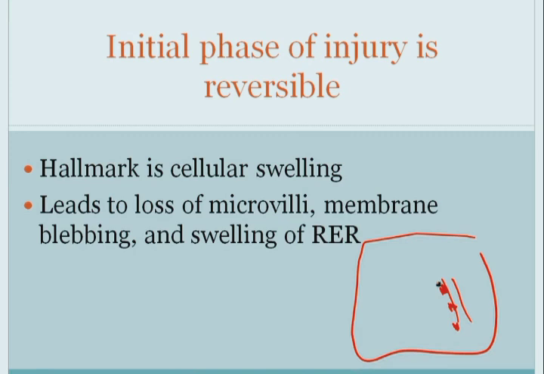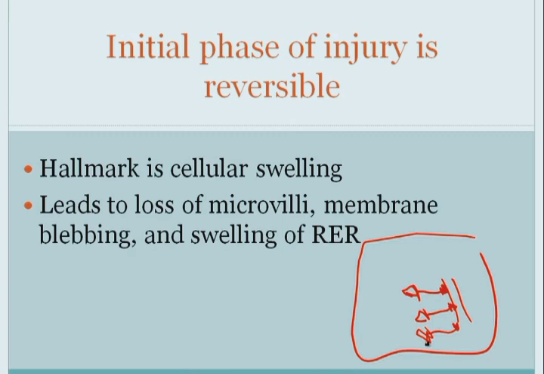Now, let's remind ourselves: the ribosomes that are attached to the endoplasmic reticulum, are those attached covalently, or is it a loose association? It's a loose association. And because it's a loose association, one of the consequences of swelling of the rough endoplasmic reticulum is that these ribosomes will actually pop off. And when these ribosomes pop off, protein can no longer be synthesized properly, and therefore another sign of reversible injury is decrease in protein synthesis.